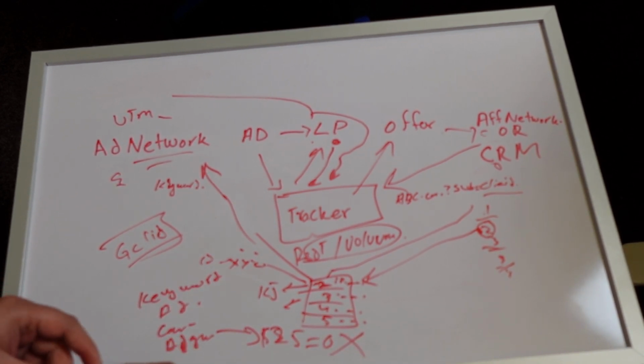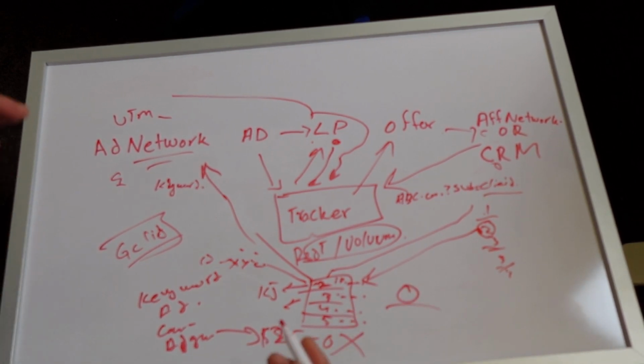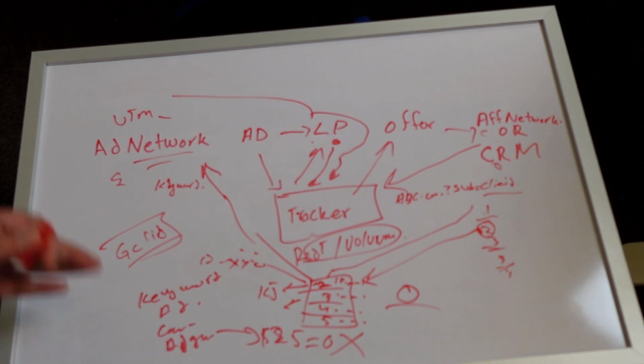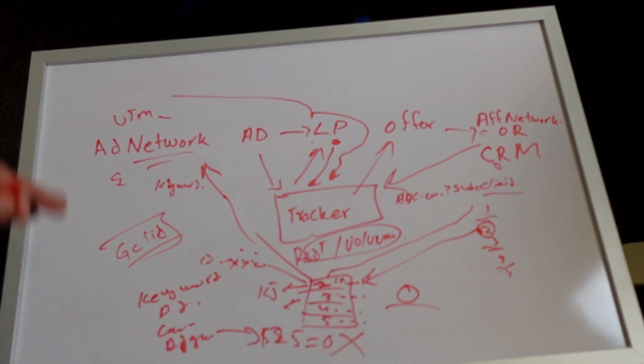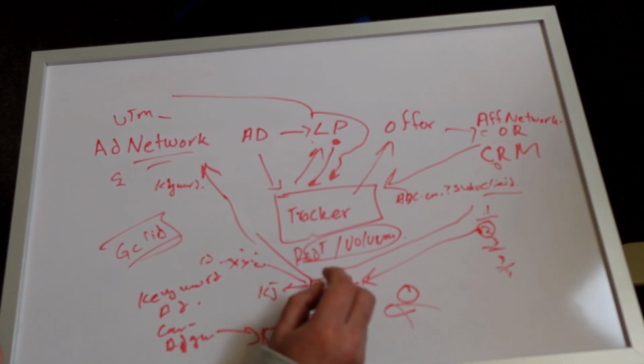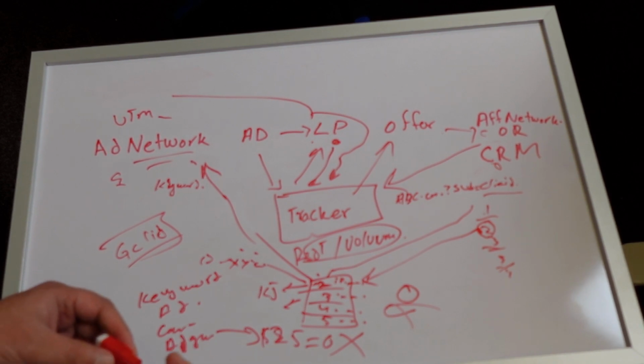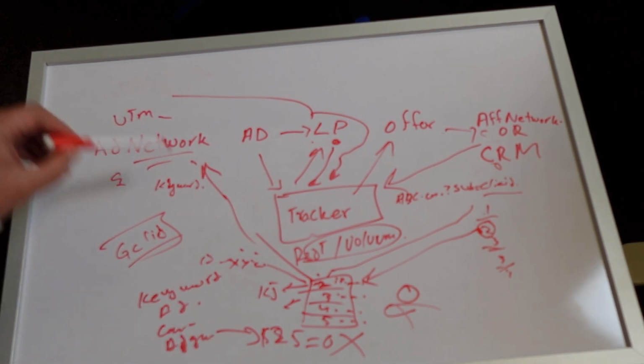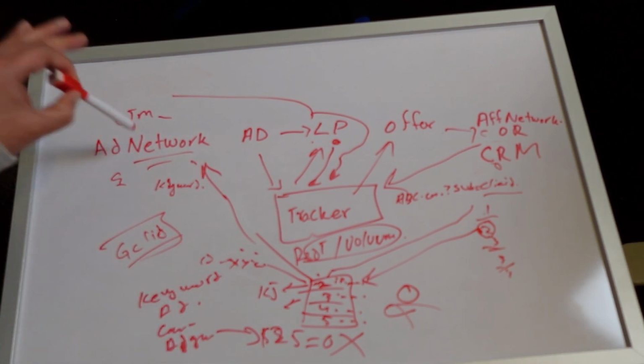Similarly, if your ROI is less than 0, or your campaign is in loss, actually it's not even breaking even, you can pause that. So the tracker will automatically send the command to your ad network to pause your campaign. So it can optimize your campaigns as well.